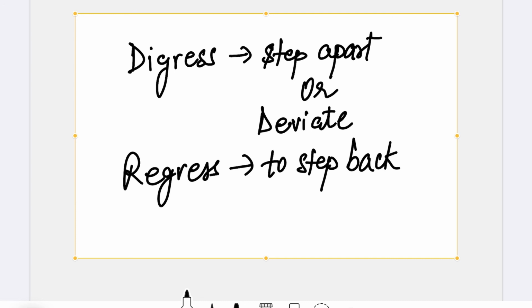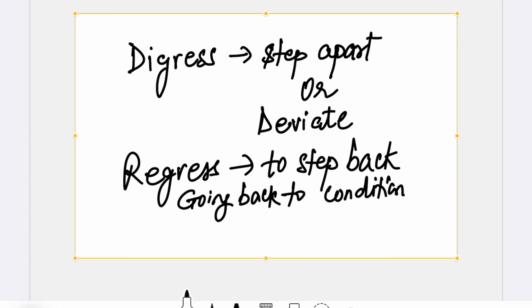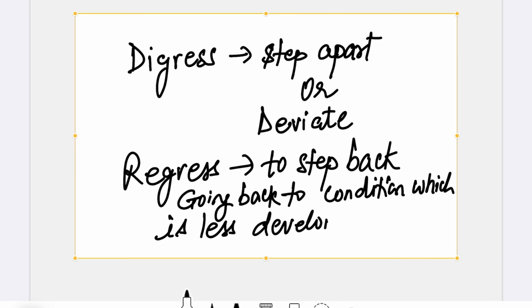Or in practicality, we use it for a condition when we go back to a former situation which is less developed. Okay, so this is all about regress.